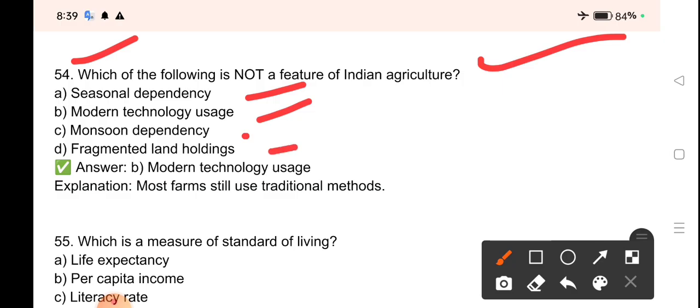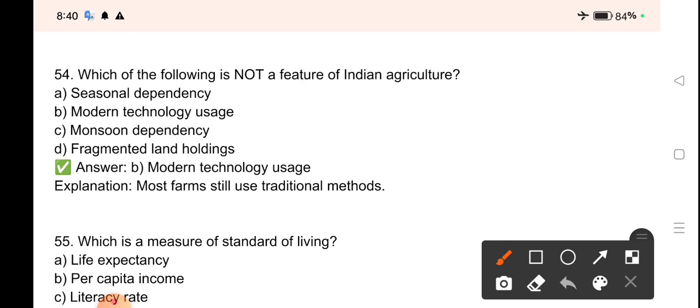Modern technology use is not a feature of Indian agriculture, but seasonal dependency, monsoon dependency, fragmented land holdings are all features of agriculture.